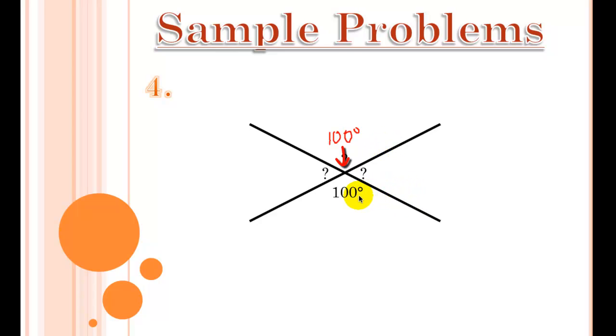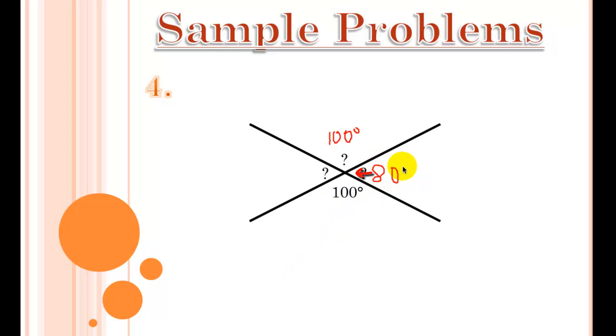Now we are going to use the supplementary angle theorem, which states that in a straight line, if you subtract whatever angle you have of that straight line from 180, it would equal the rest of the angle measurement. So 180 minus 100 equals 80 degrees.